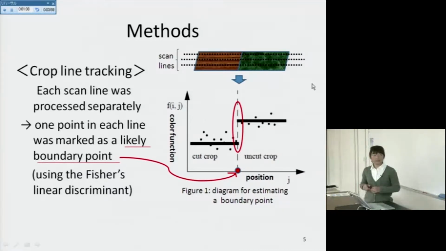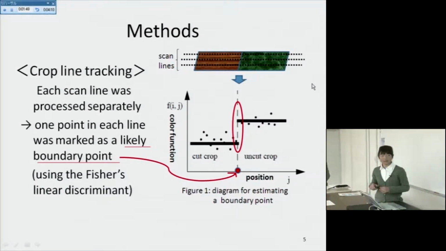Then we can decide a likely boundary point. In this diagram, a likely boundary point is this. And continuing this algorithm in each line, we can decide the boundary line between cut and uncut crops.